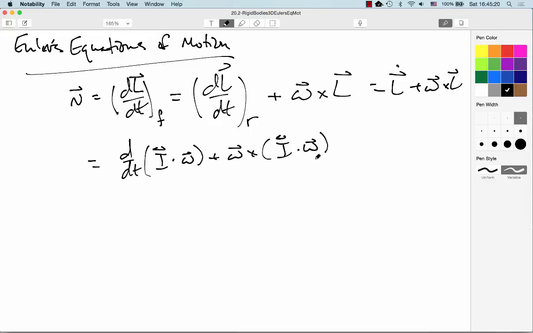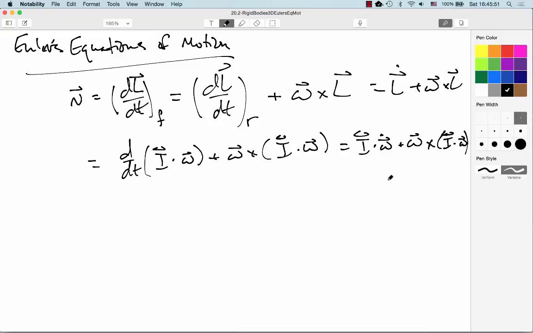The advantage of evaluating this in the rotating frame is that the moment of inertia tensor is a constant. And so this term just becomes I dotted into omega dot, and we had the penalty that we have to carry our omega cross I dot omega.